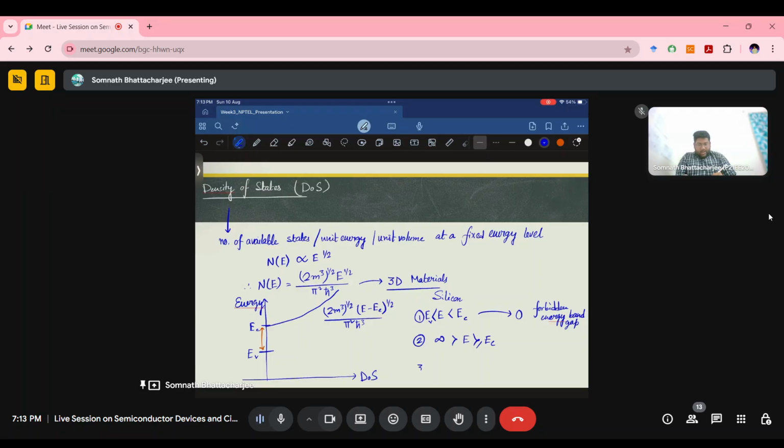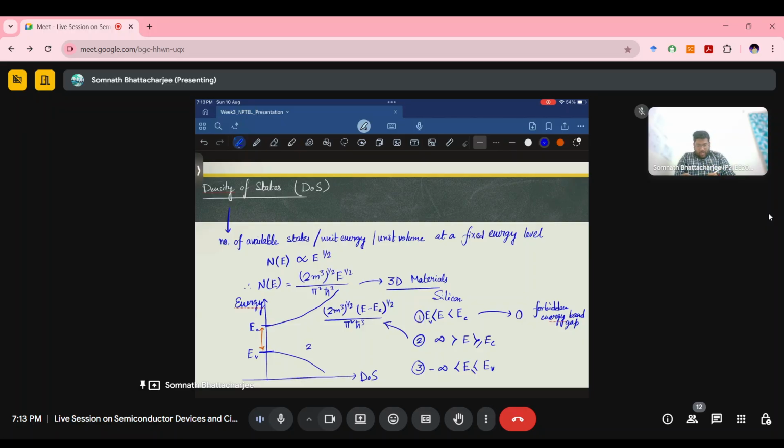Whereas the third case is where the value of E is less than or equal to EV, so inclusively, the states will be in this region.